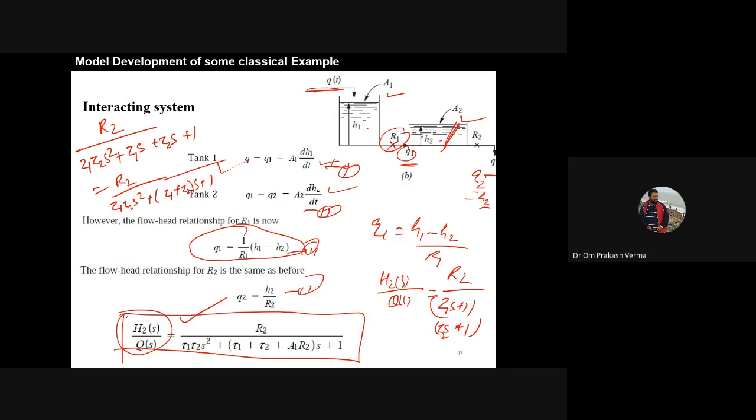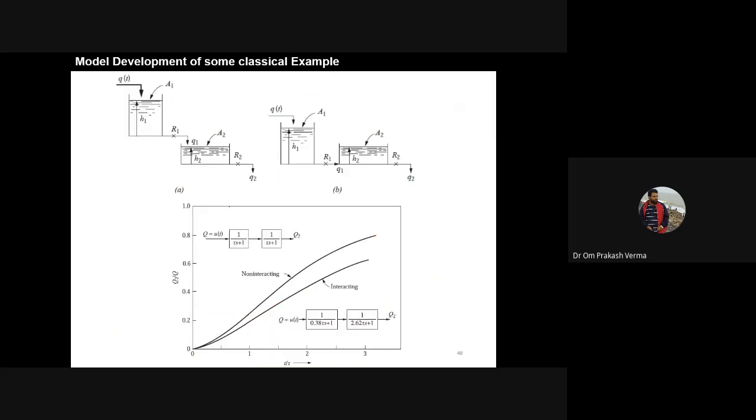So now we try to simulate both transfer functions on MATLAB and want to calculate which one gives the faster response, and which one gives the slower response. Okay, so this is the simulation response for the non-interacting system.